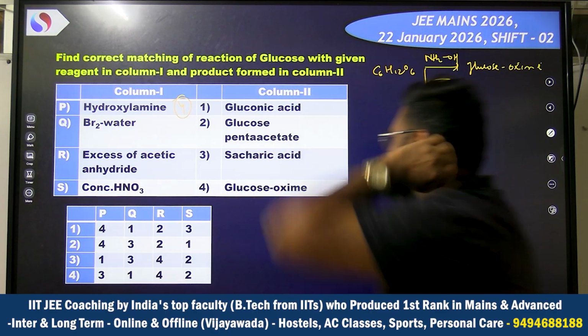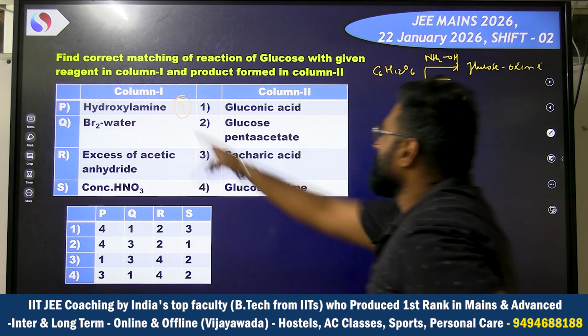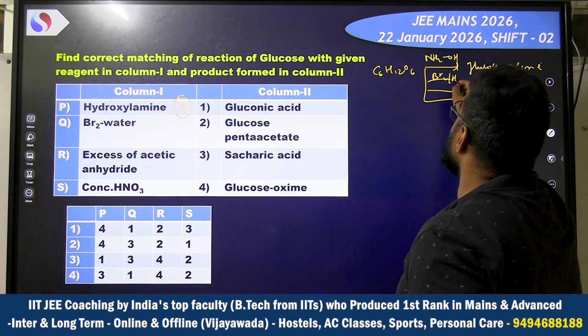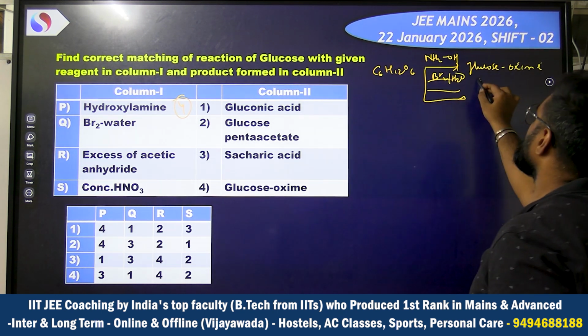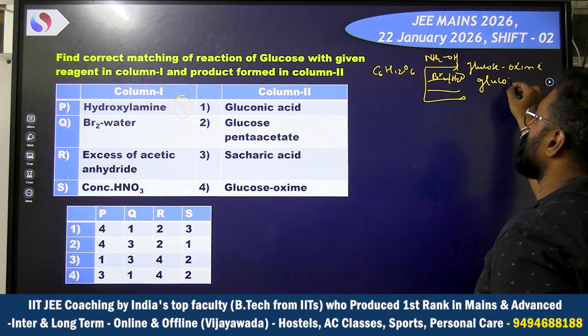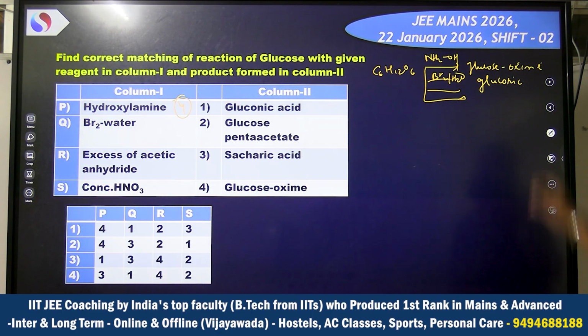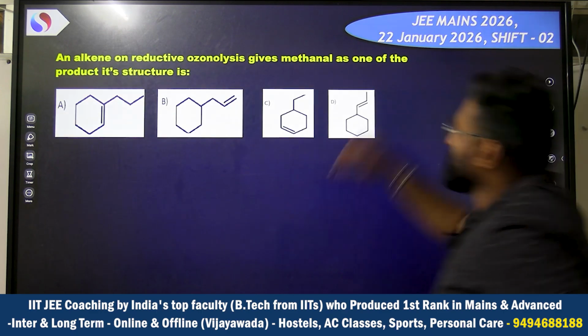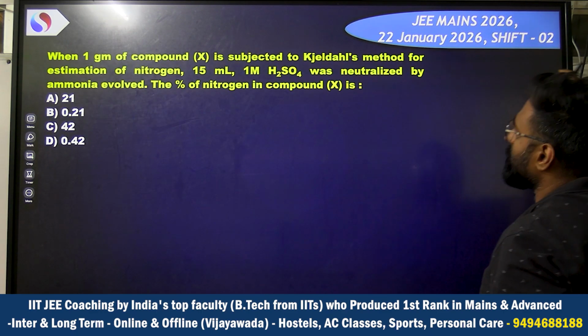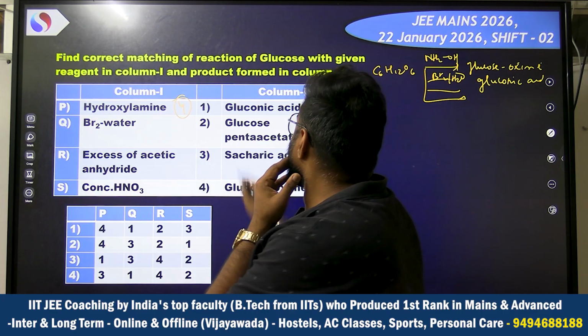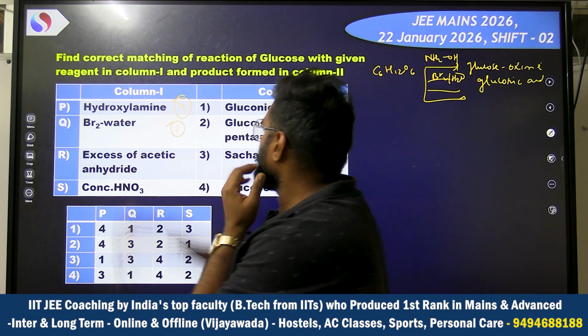Bromine water: with bromine water, only the aldehyde group will be oxidized, that is gluconic acid. Gluconic acid is produced. This is Q, so it is first.